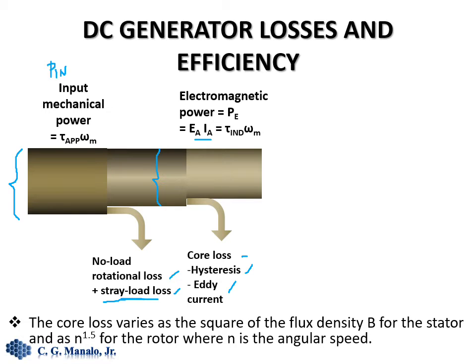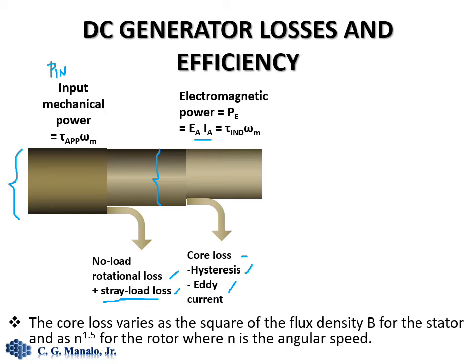Hysteresis loss is magnetic in nature. This is due to the fluctuations of the magnetic domains inside the core of the armature. Another one is what we call the eddy current loss, and this is due to circulating currents inside the core that also contributes to the heating of the core.